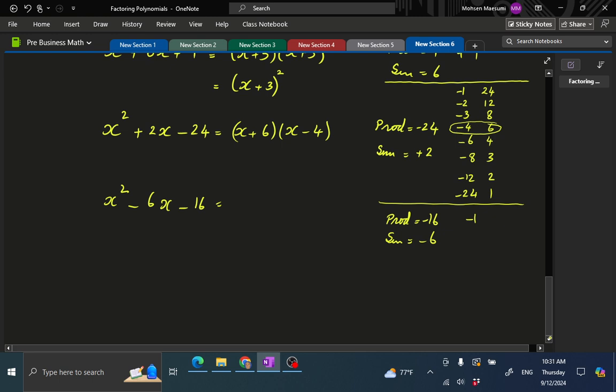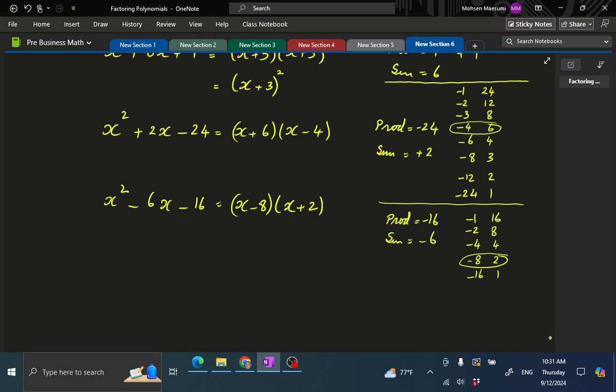Of course, I can have minus 1 and 16, and minus 2 and 8, and minus 4 and 4, and then minus 8 and 2, and minus 16 and 1. Which one of them has a sum equal to minus 6? Well, here's my choice. So my answer is x minus 8 times x plus 2. Okay.